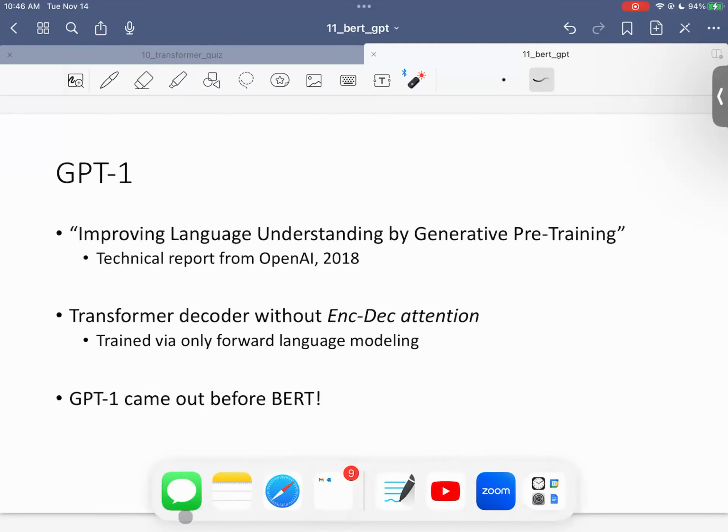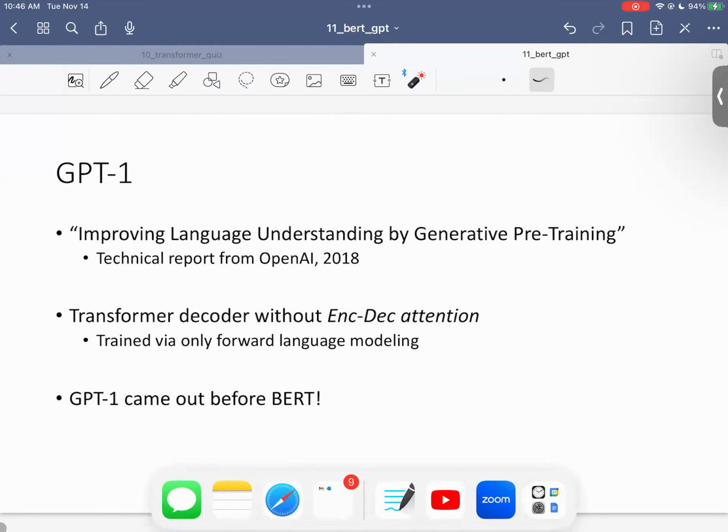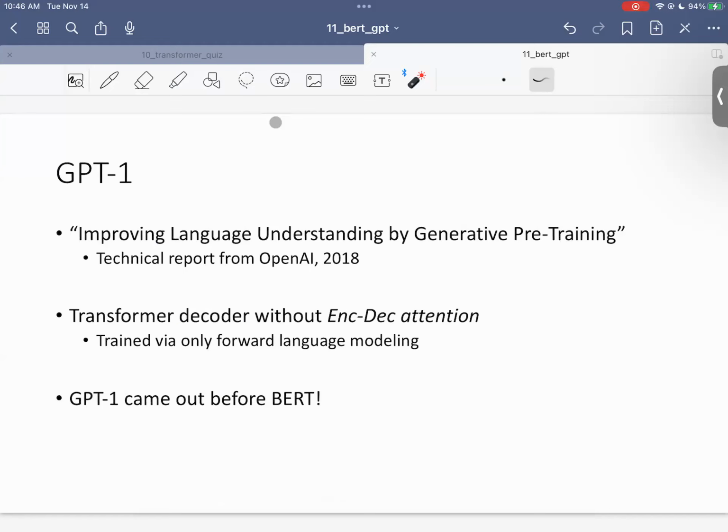Question. What's happening here? I can't click. Yeah, my mouse is weird. I'm not sure what's happening.